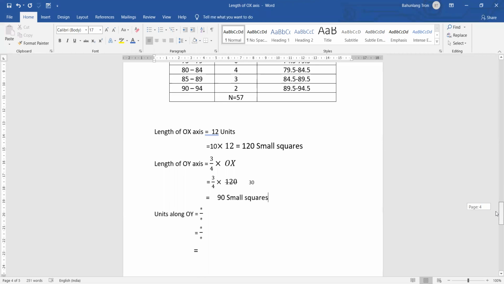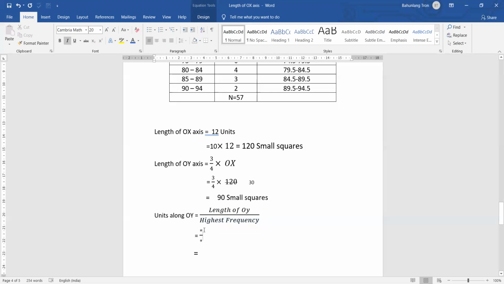So now we also need to determine the length or the units along OY axis. It will be length of OY divided by the highest frequency.